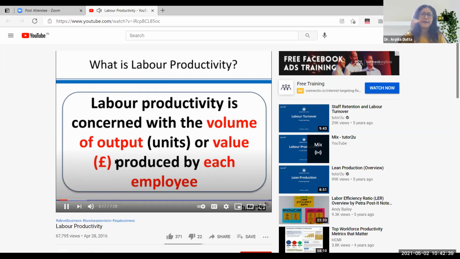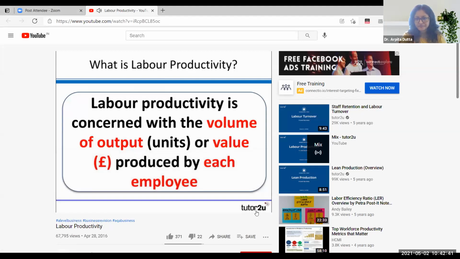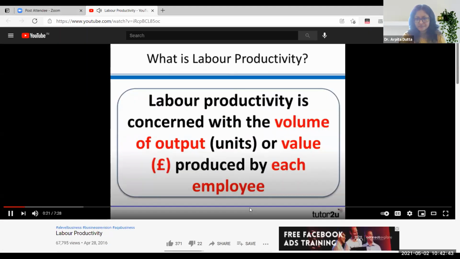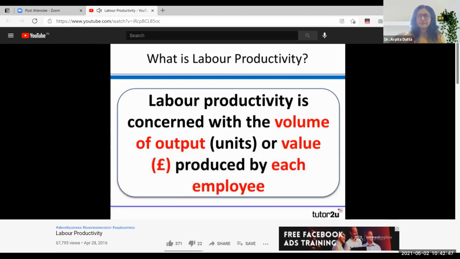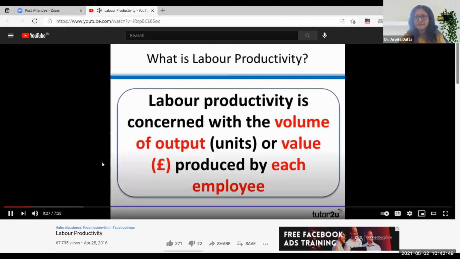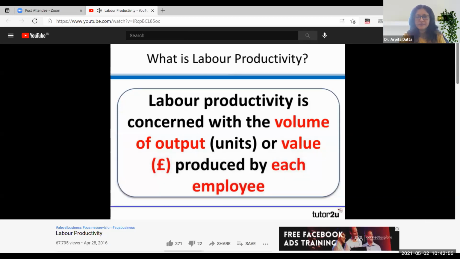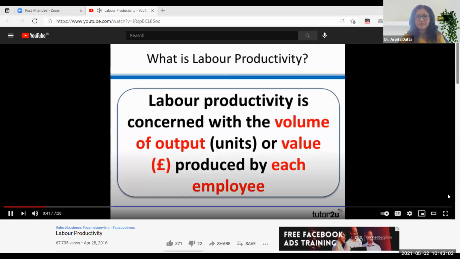Employee in a business produces. Of course, that can be measured in different ways, and typically labour productivity either looks at the volume of output measured in units produced by each employee, or occasionally the value measured in currency, in pound notes or dollars, produced by each employee in the business. We'll focus in this revision workshop on perhaps the most popular measure of labour productivity, which is a volume or output measure.